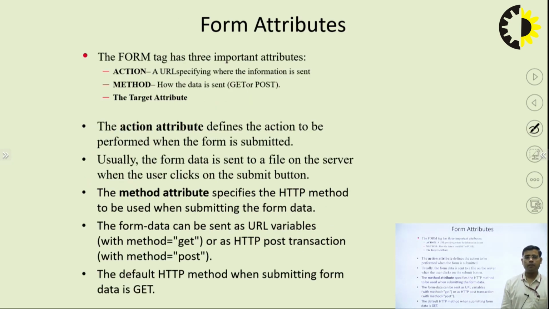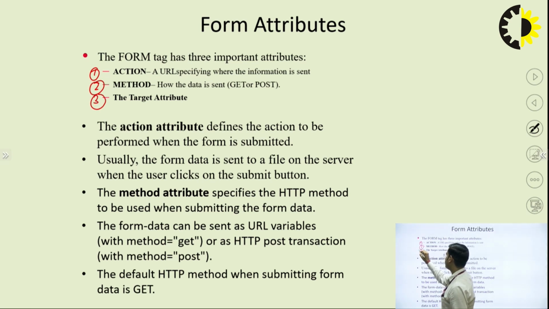The next topic is the form attributes, and it is the most important topic in the form. Basically there are three important attributes. The first one is the action, the second one is the method, and the third one is the target attribute. The action attribute defines the action to be performed when the form is submitted.